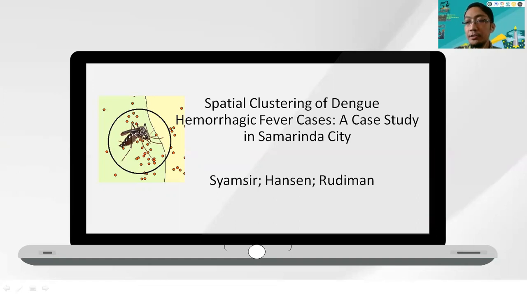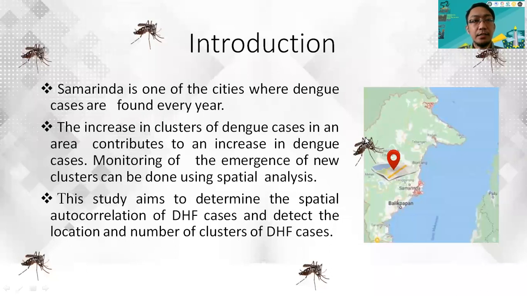Okay, I will present my research with the title Spatial Clustering of Dengue Hemorrhagic Fever Cases, a case study in Samarinda City. Samarinda is one of the cities where dengue cases are found every year. The dengue hemorrhagic fever or DHF cases in Samarinda City in 2015 were 1,541 cases and then increased to 2,014 cases in 2016.